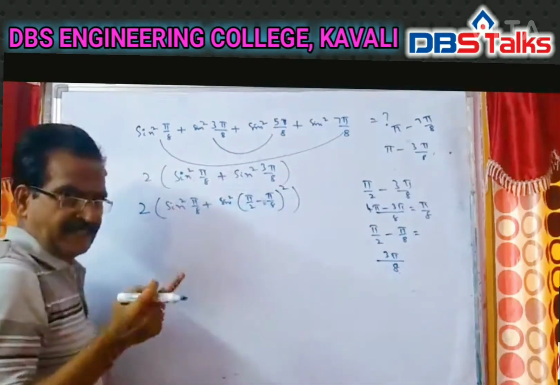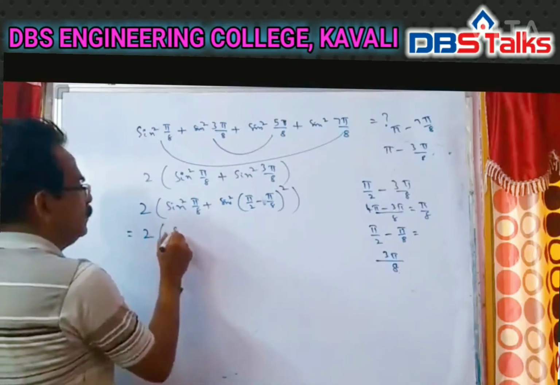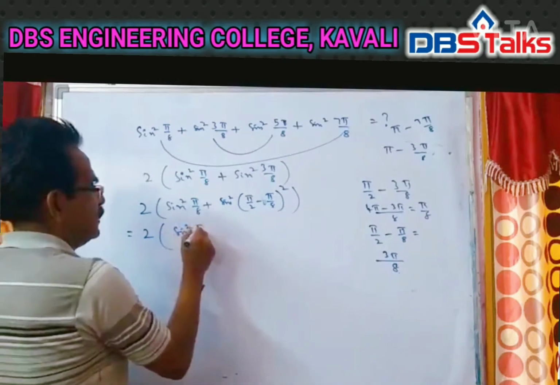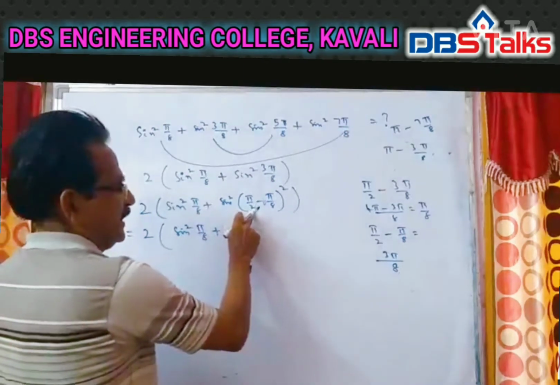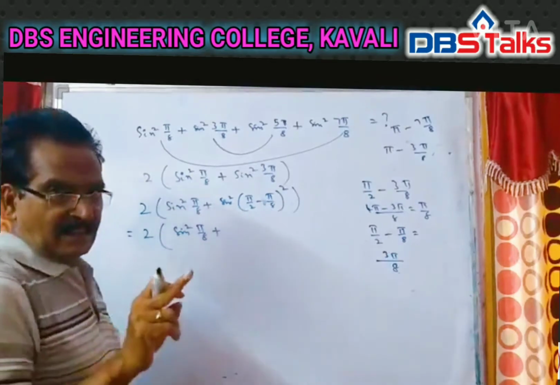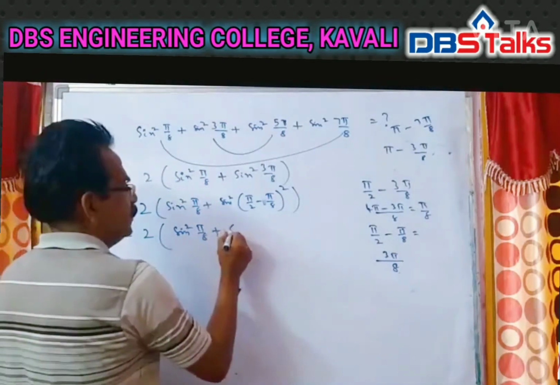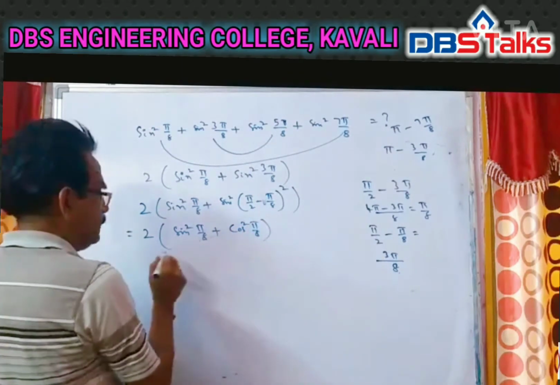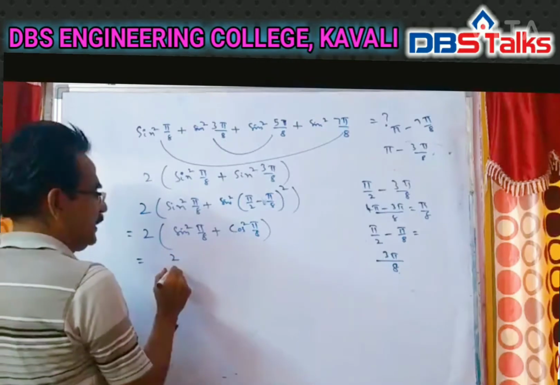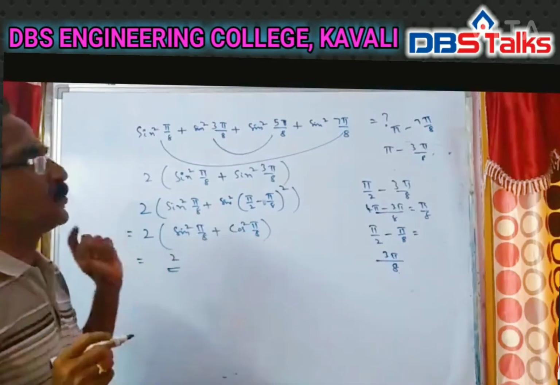You can convert anything. This is equal to 2 into sine square pi by 8 plus, since sine 90 minus theta is cos theta, cos square pi by 8. Sine square pi by 8 plus cos square pi by 8 is equal to 1. So the answer is 2 into 1, the answer is 2.